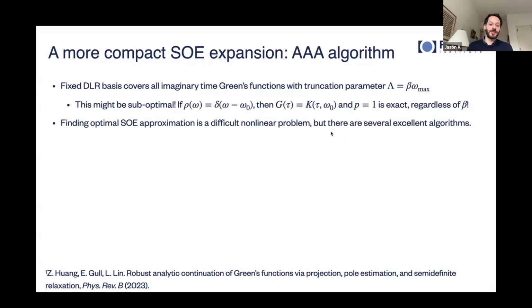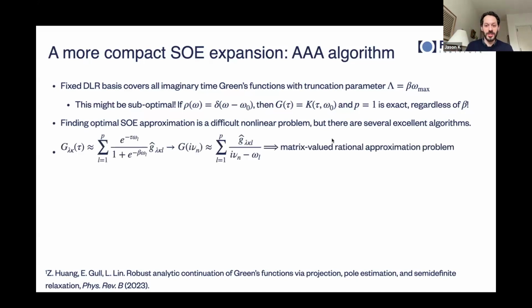In general, finding an optimal sum of exponentials approximation is a difficult nonlinear optimization problem, but there are actually several very good algorithms on the market to come up with a pretty good solution. In our case, you can just take the sum of exponentials approximation, Fourier transform it, and we know that in Matsubara frequency this is a sum of poles approximation. That tells us that what we're trying to solve is a rational approximation problem.